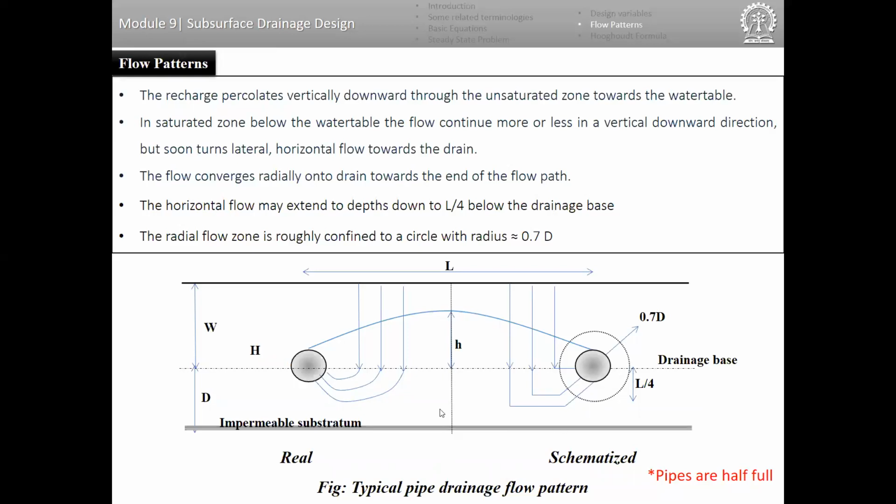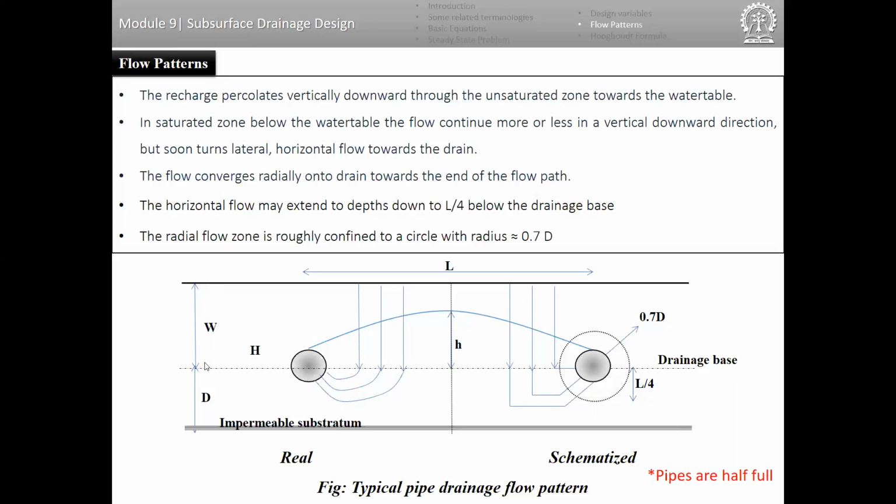Now let's see another aspect of drainage system design. This is a typical pipe drainage flow pattern. This is what it is in reality, but while formulating, we are going to approximate this flow pattern in this way. Here L denotes the length or spacing between two drains. This is the height of the water table from the soil surface, your capital H. This is your small h.